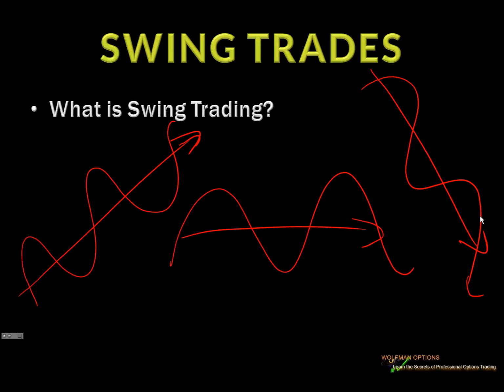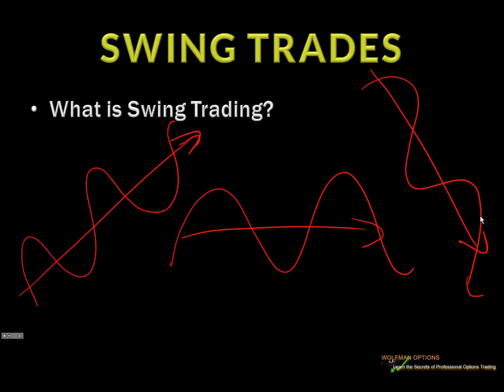With a swing trade, we are setting up a directional assumption based on the charts. This trade lasts longer than a day, and that is the defining difference between a day trade and a swing trade. A day trade is inside of one day.